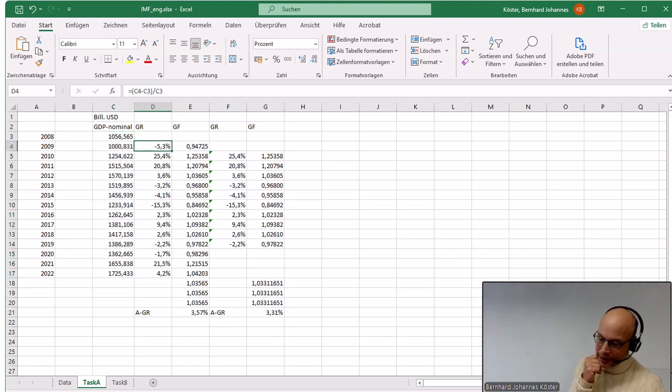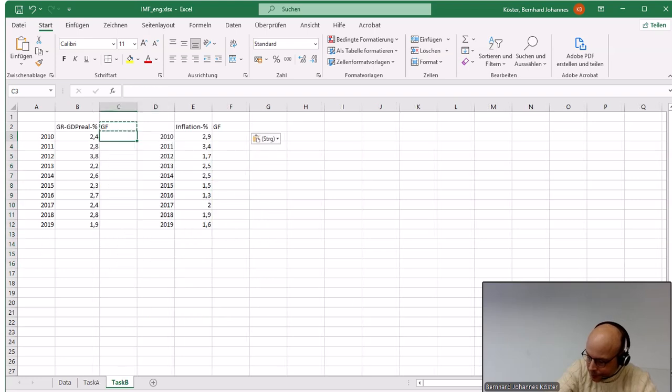So there I at first had to calculate the growth rate, but then 1 plus the growth rate is the growth factor. Now I already have this data here. But there's again a little problem. Would the growth factor now be 3.4, 1 plus 2.4?